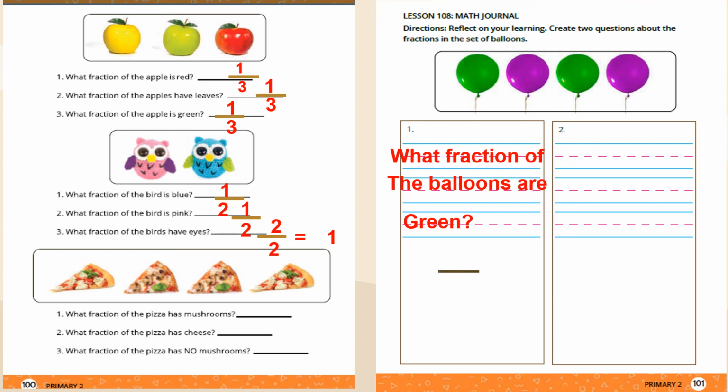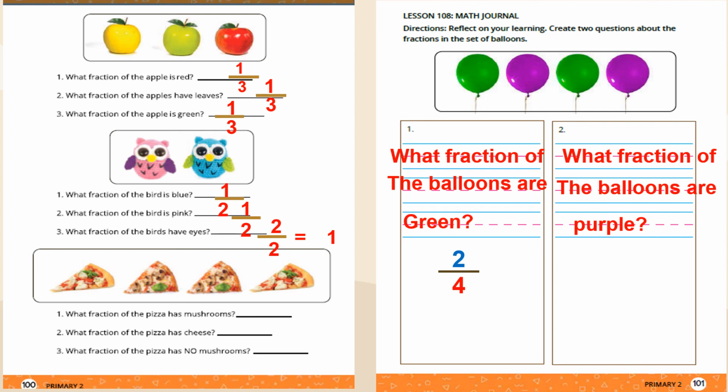I will write the fraction bar first, then the total of the balloons. And how many green do I have? 2. So I will write 2. Okay, then the second question, what is the fraction of the balloons that are purple?